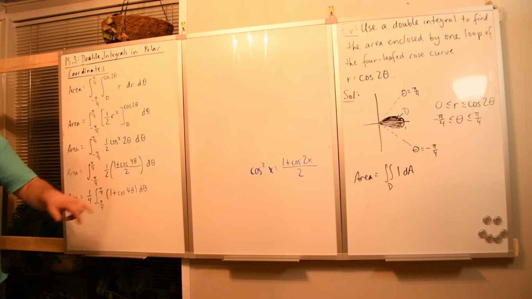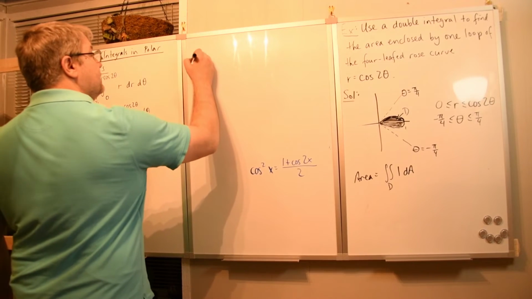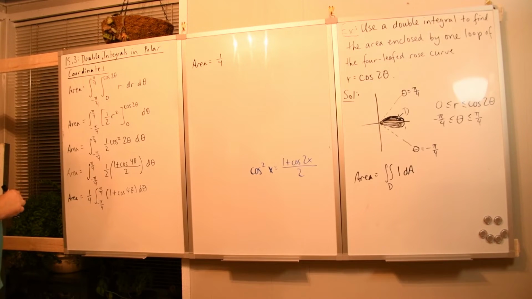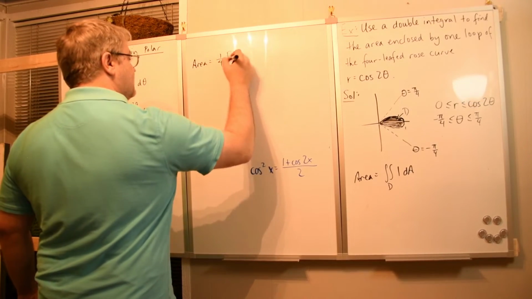Now we've already integrated stuff like this in this particular section, so it continues. We'll have area is the same thing as 1/4, and now we integrate the 1 plus cosine 4 theta with respect to theta. Integrate the 1, you get theta. That's good.